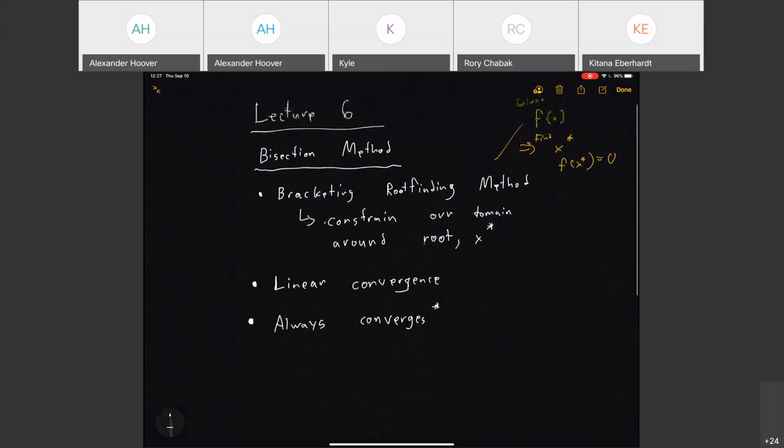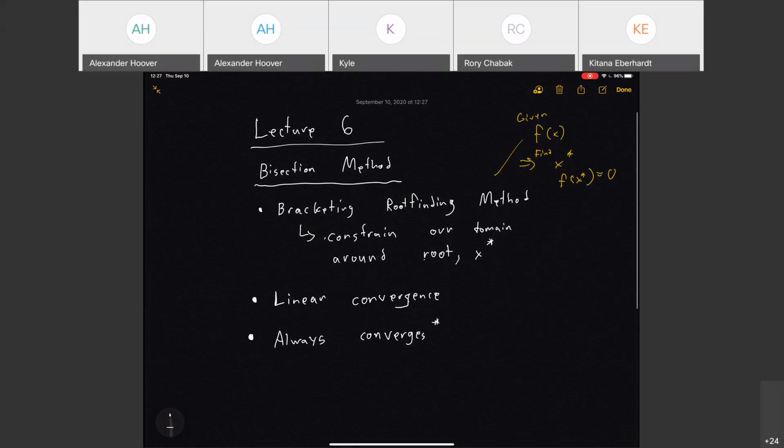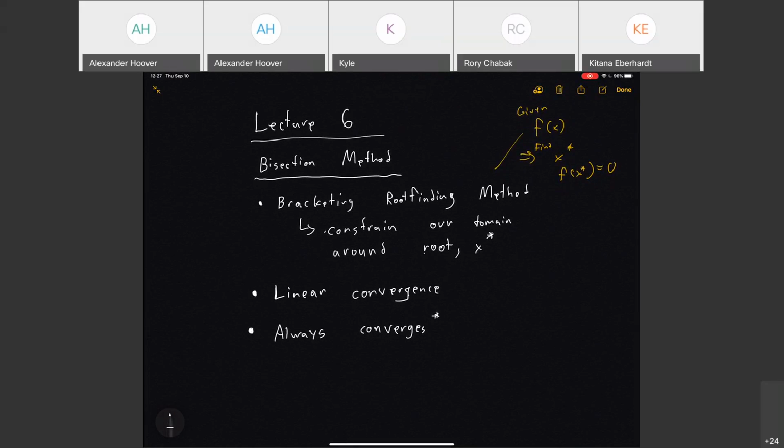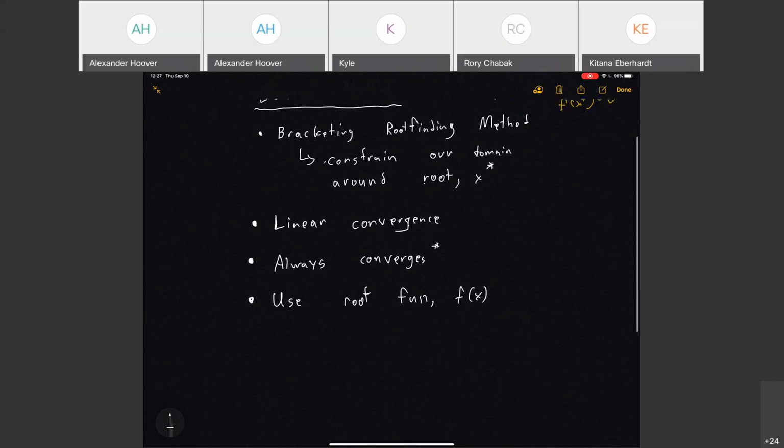For this, yesterday we talked about fixed point functions and root functions. This uses the root function. Of course, as soon as I write root function, I then write the fixed point function. What else can we say?